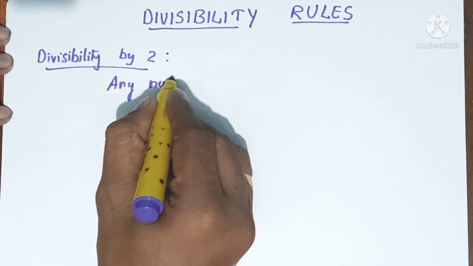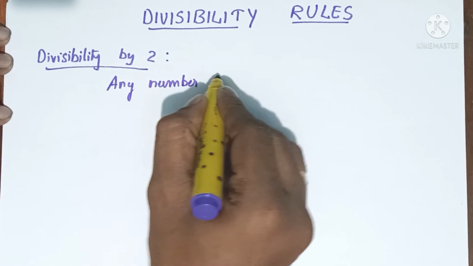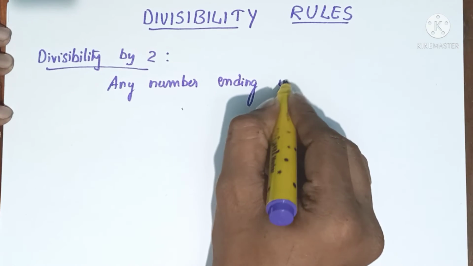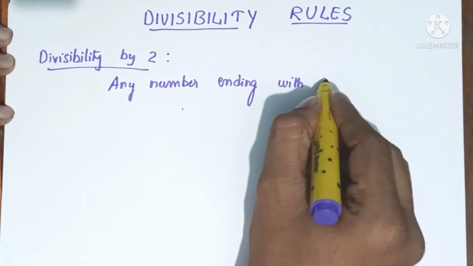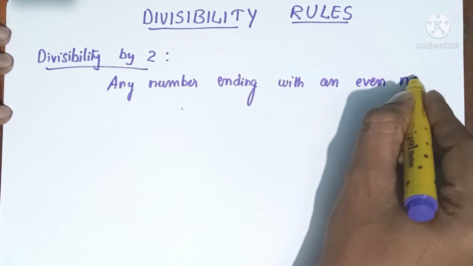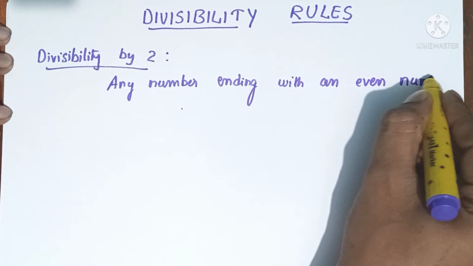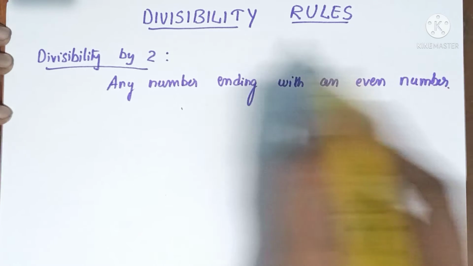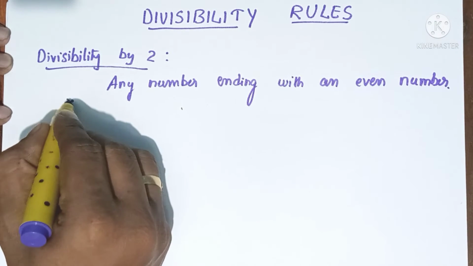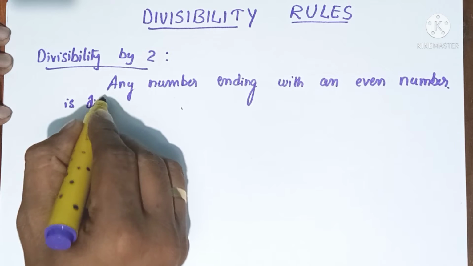Any number ending with an even number is divisible by 2.